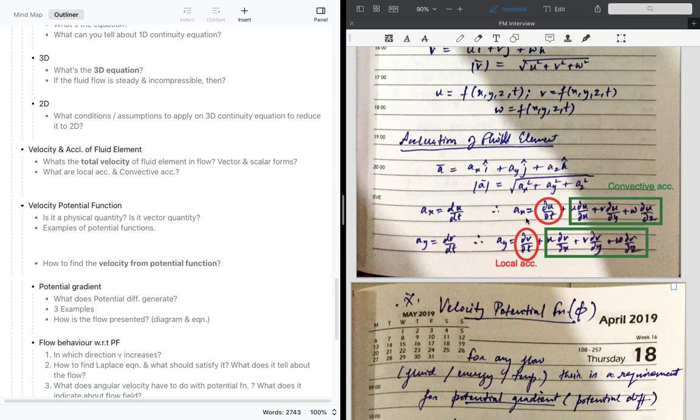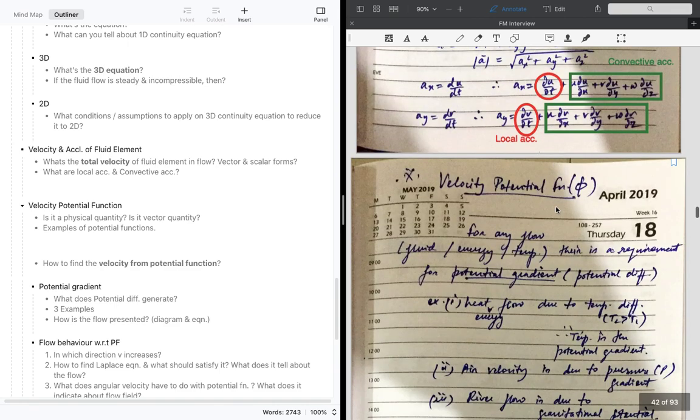But when we take the partial derivative form of the acceleration along the x-axis, that is ∂u/∂t. ∂u/∂t is basically the local acceleration, and the x component of the acceleration in different directions is called convective acceleration. That is u times ∂u/∂x plus v times ∂u/∂y plus w times ∂u/∂z. So this is called convective acceleration, and the other is called local acceleration.